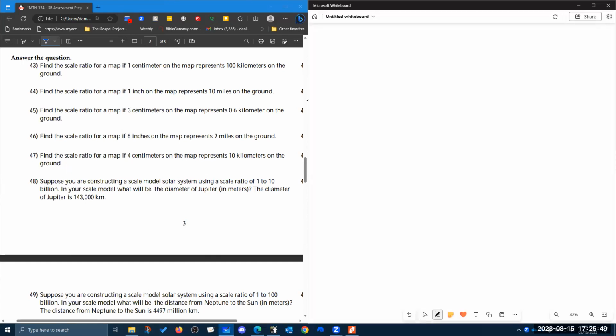Find the scaling ratio for a map for which 3 centimeters is equivalent to 6/10 of a kilometer on the ground. You can see that metric is way easier.